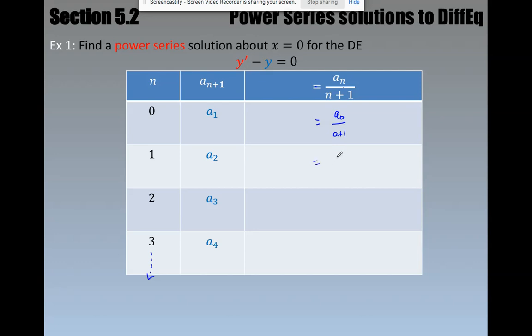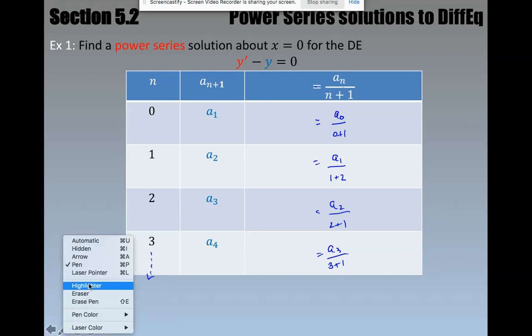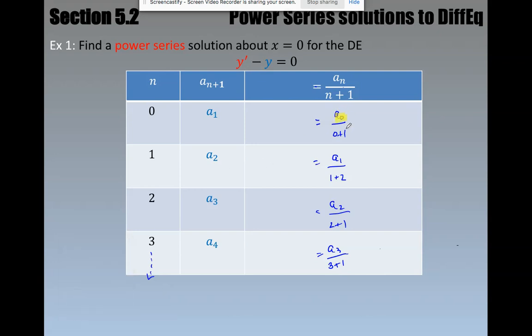A sub 2 is equal to... Now, what I want is to get all of these in terms of a sub 0. If it was second order, I'd want to get them all in terms of a sub 0 and a sub 1. Here's what I mean by that.